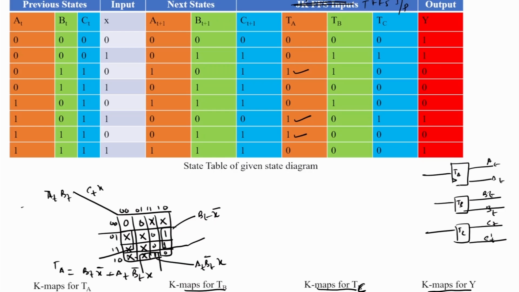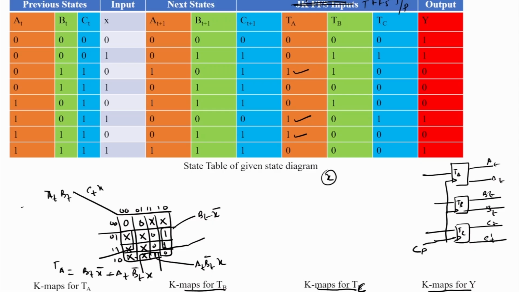In this way the clock pulse CP is common in all of the flip flops, and then based on the functions determined for TA, TB, TC, we provide the inputs TA, TB and TC, based on the value of x and the values of AT, BT and CT.